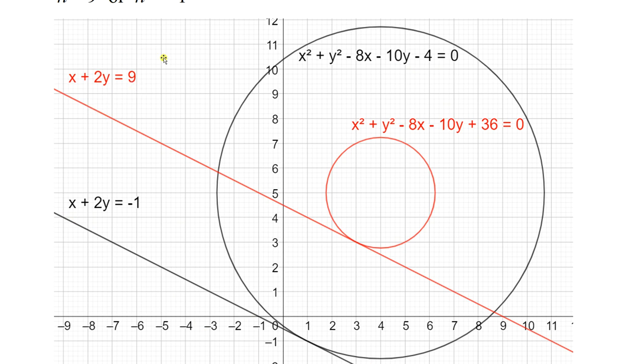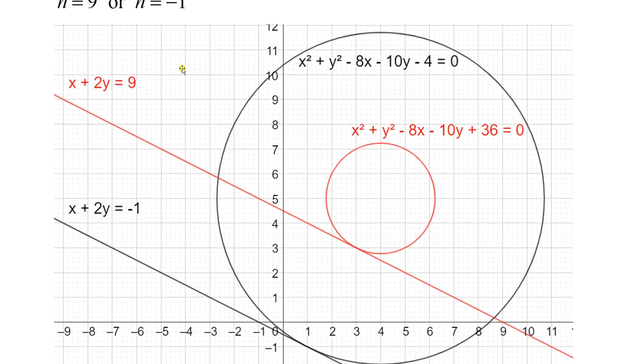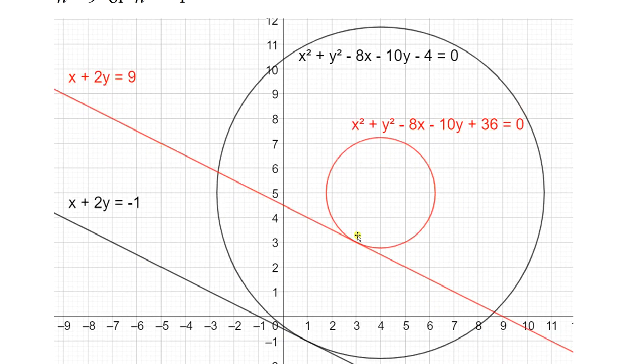When h equals 9, the straight line moves upward, but the circle decreases in size. You can see that the center will always be here, at 4, 5. No change. The center of these two circles is the same; h just controls the size of the circle. When you solve h as 9 or negative 1, these two possible cases will touch the circle.